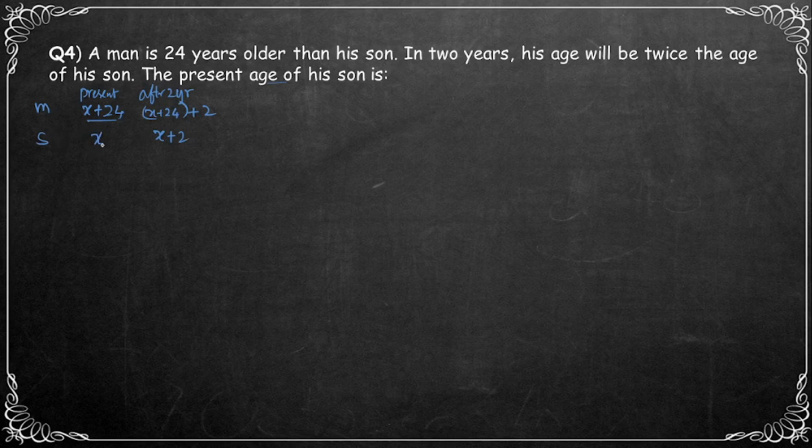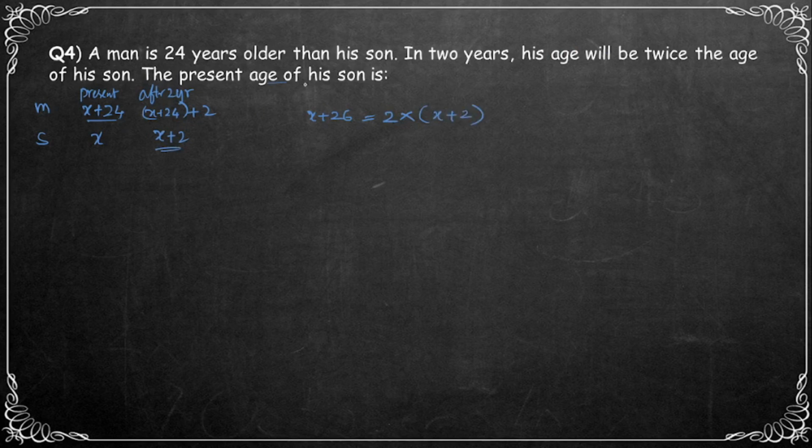Simple logic. Okay. Now the next sentence is in 2 years, that means after 2 years, his age, they are talking about man's age, that means this x plus 26 will be equal to twice the age of his son. So twice the age of his son, which is x plus 2.